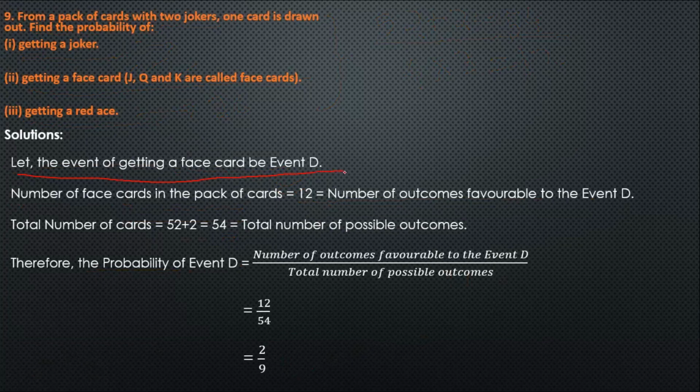Let the event of getting a face card be event D. As I have already told you, there are 12 face cards in the pack of cards. So this is the number of outcomes favorable to event D, because if any one of these 12 cards is picked, our condition of the question is getting fulfilled.